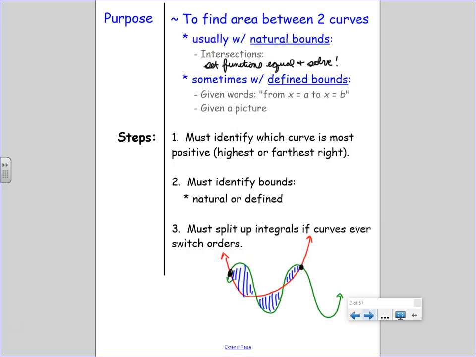Split it up. Go from this intersection to this intersection of sinusoid minus parabolic, right? Minus quadratic. Then, from this intersection to this intersection, parabolic minus sinusoidal, right? And then this intersection to this intersection, sinusoidal minus parabolic. Add them all together, they're all positive, good.